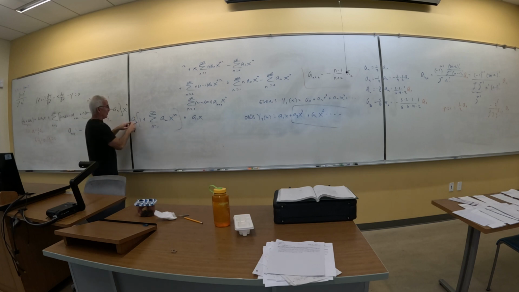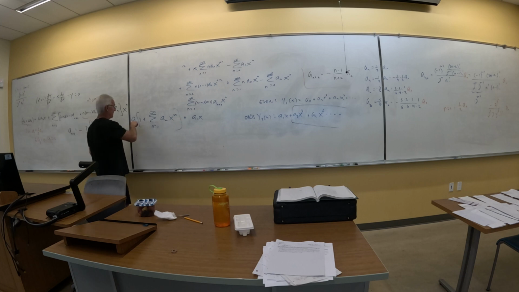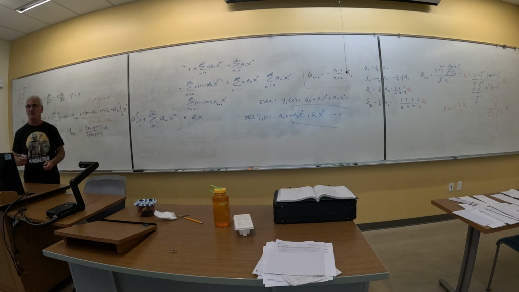Whether I write A0 plus A0 times, it doesn't matter, because if I found the value of A0, I'd probably just distribute it and write it that way. In fact, let's just say A0 was 5. Well, then can I write 5 plus and just put the 5 right here? It doesn't matter. It's like, what's the prettiest form, I guess.